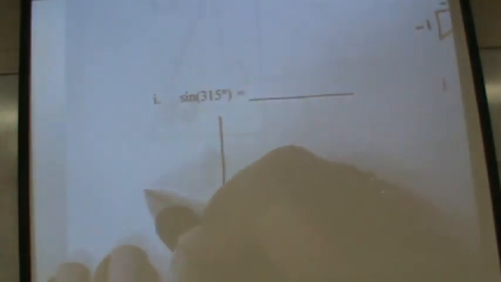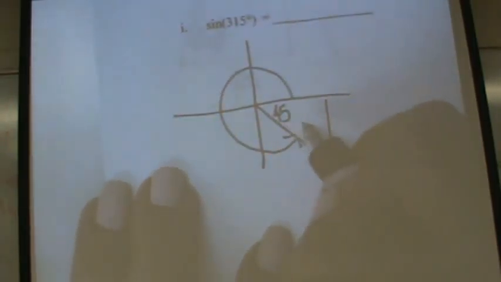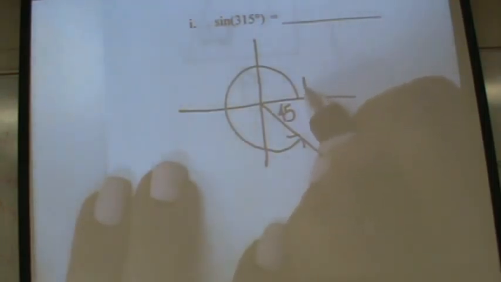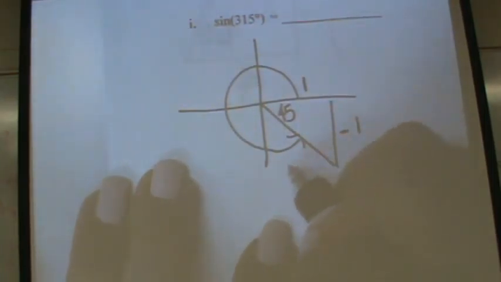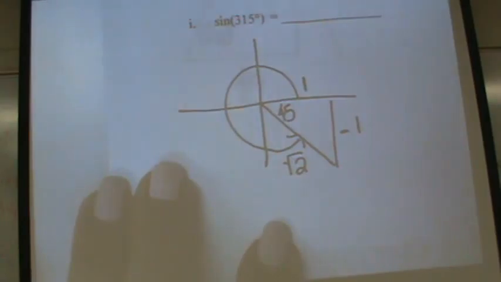Okay, how about this one? Sine of 315. Where's 315 at? In the fourth quadrant. What angle do you make? 45. So this is a 45er. Give me these measurements. This is going to be 1, this is negative 1, and this is root 2.